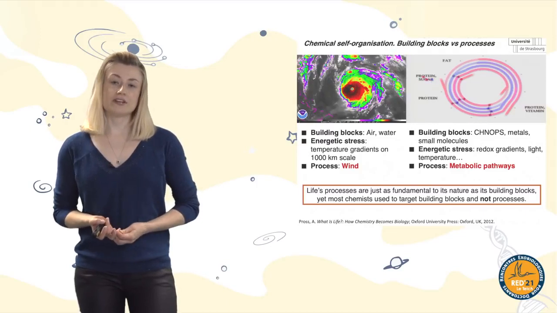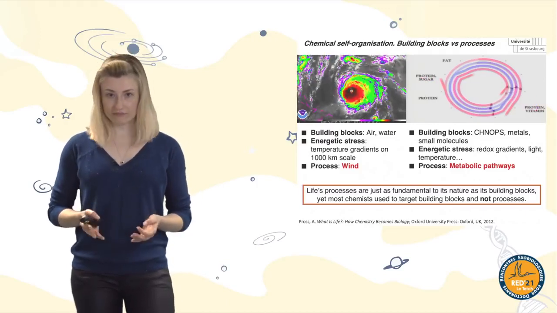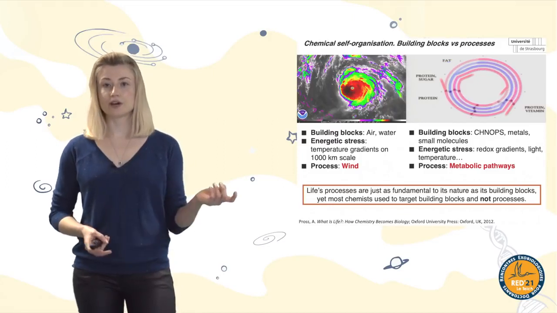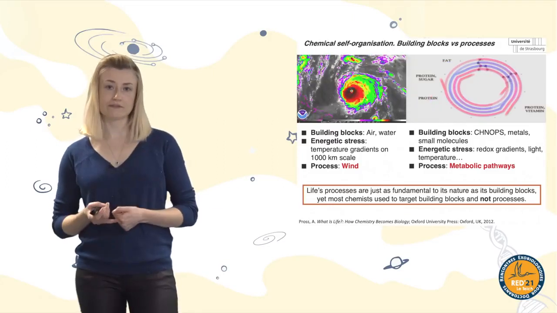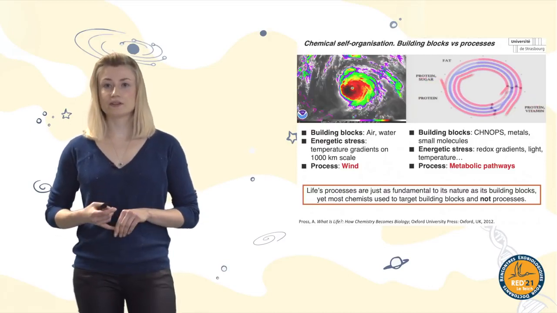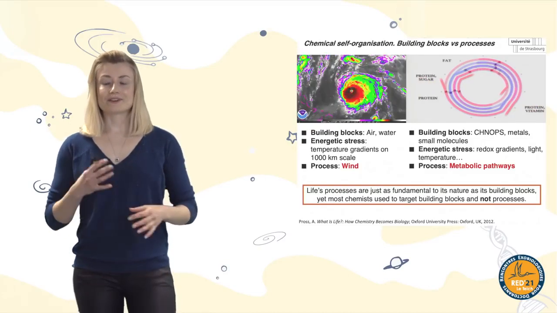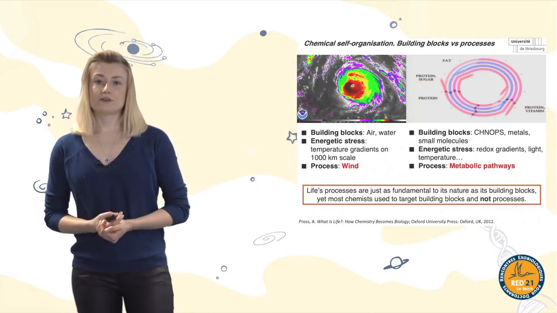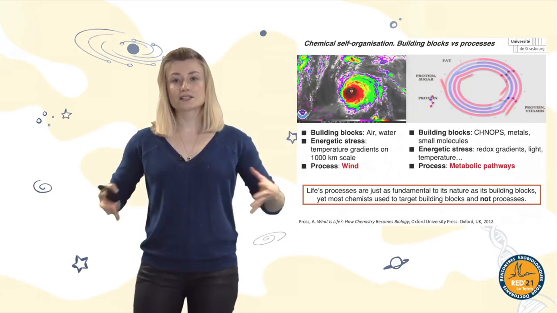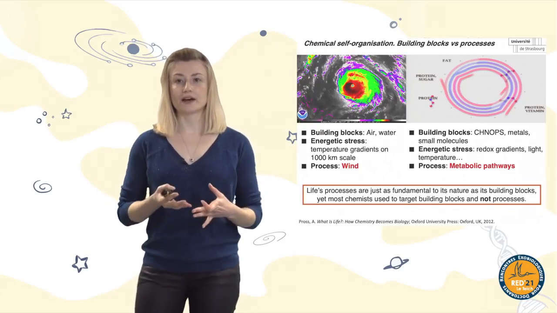So in nature we have very, very many of such systems. For example, we have a hurricane, we have a water vortex, we have oscillating chemical reactions like the Belousov-Zhabotinsky reaction, the chemical clocks. And all these systems are dissipative, which means that they are driven into existence when you have a constant supply of energy.